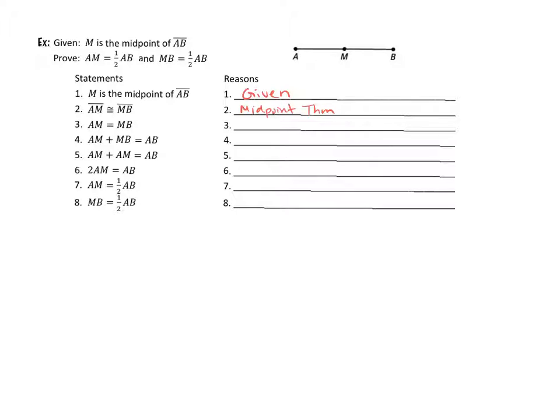Then statement 3, we're going to use the definition of congruence to say that the two lengths are equal. And then statement 4, I am taking the length of AM plus the length of MB, and I am saying it is equal to the total length. So this is the segment addition postulate.